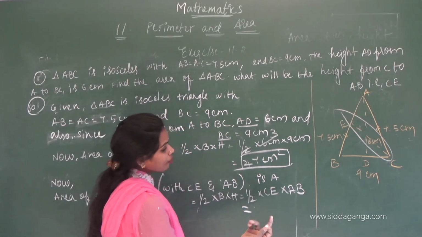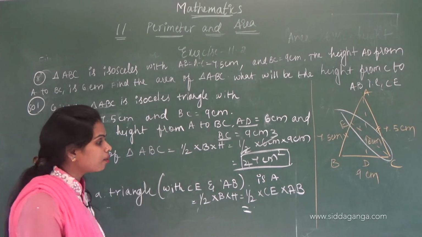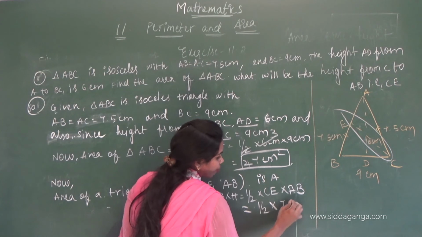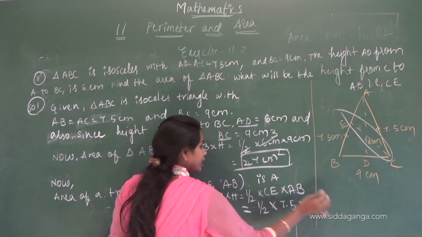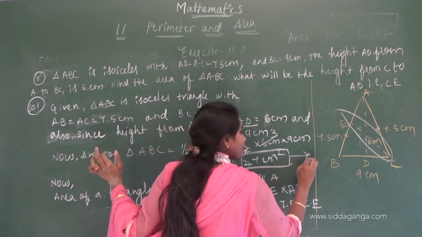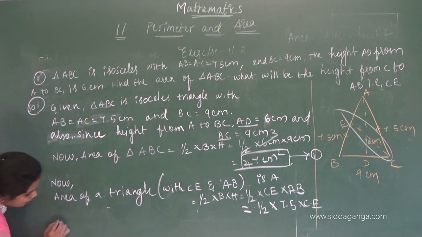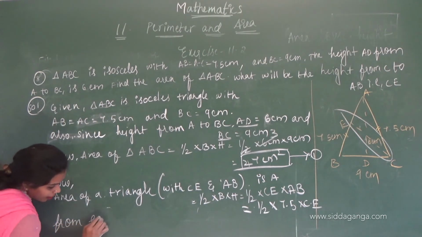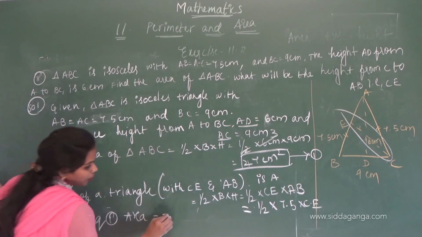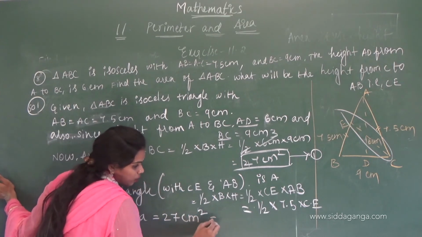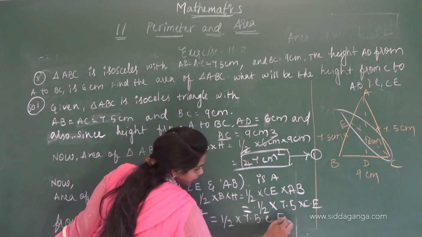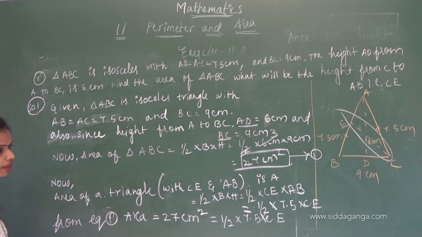We don't know the value of CE, that only we are going to find. Half into AB, which is 7.5, into CE. But we know, from equation 1, taking this as equation 1, area is equals to 27 centimeter square, that is equals to half into 7.5 into CE.